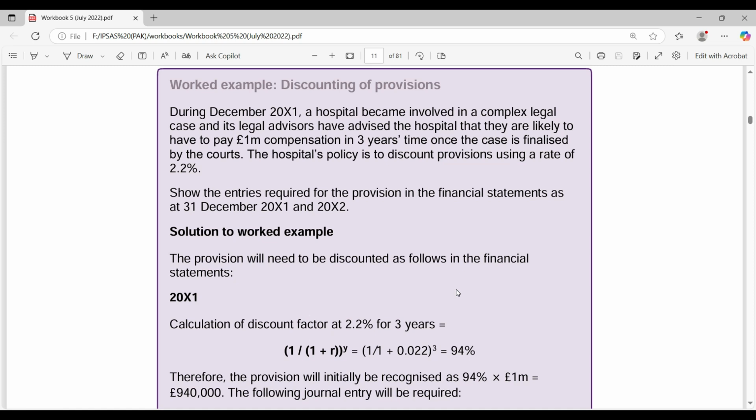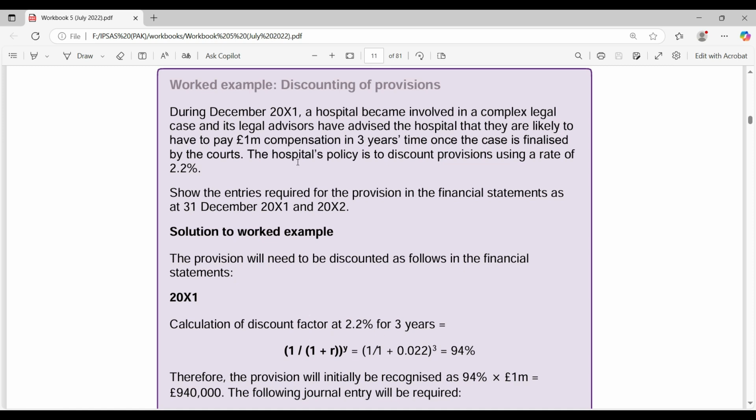The hospital's policy is to discount provisions using a rate of 2.2%. You see that if the case is finalized, you have to pay 1 million in the next 3 years' time.